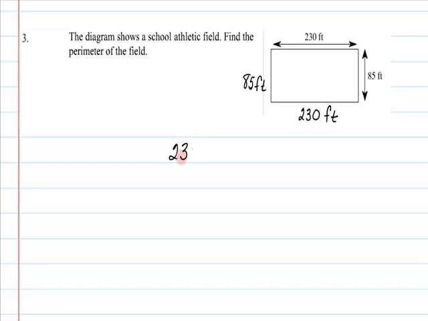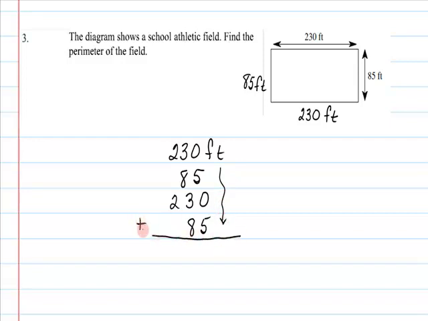I have 230 feet plus 85 feet plus another 230 feet plus another 85 feet. And if you're thinking, could I have doubled those and added them? Yes, that would have been the shortcut.